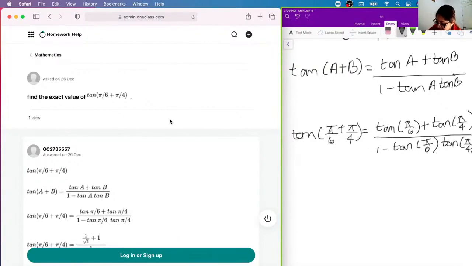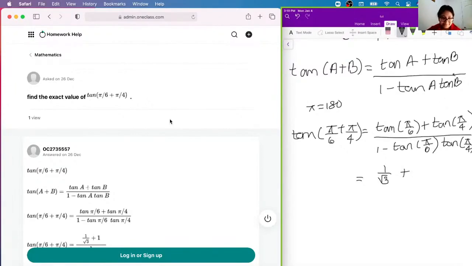Okay. So further evaluated, we know that tan pi over 6 is basically tan of 30, right? Keep in mind that pi is equal to 180. If you recall, tan of 30 is 1 over root 3, and tan pi over 4, which is 45, is 1.